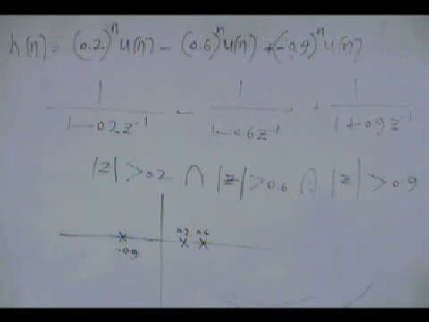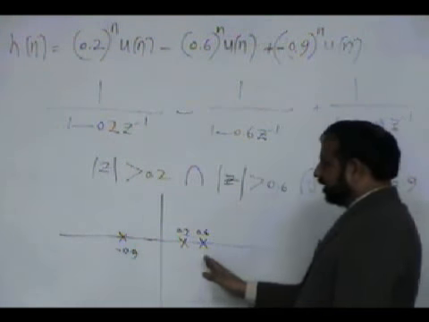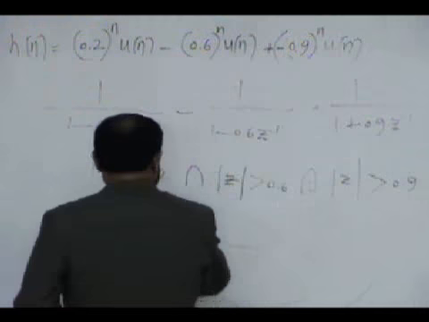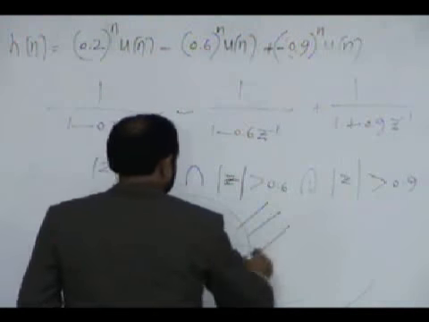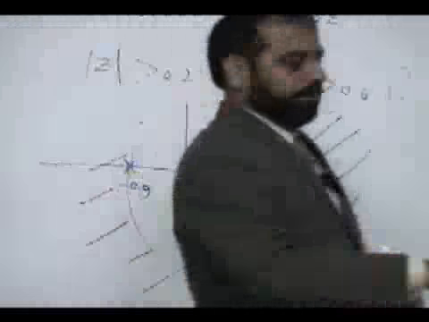How? It is always outside the outermost pole. Region of convergence is always outside the outermost pole, because it must be greater than this and greater than this and greater than this. So that is something which is greater than 0.9. And then there is a unit circle.